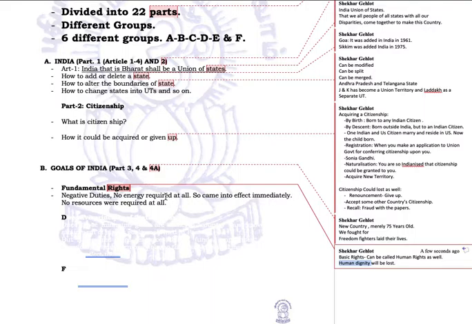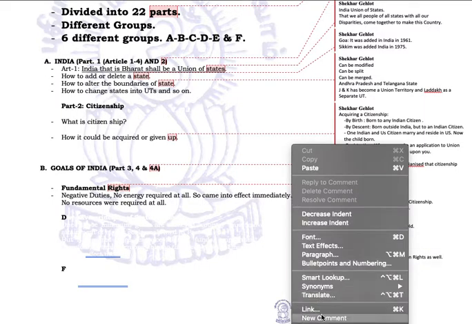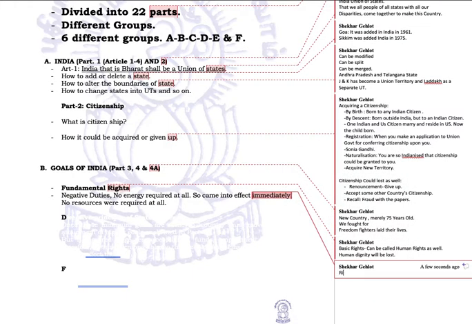Negative duties. In implementing fundamental rights, no energy is required at all. Let us take the example of the right to equality. In this right to equality, the government wants to ensure equal treatment to everyone. The government is not supposed to do anything.